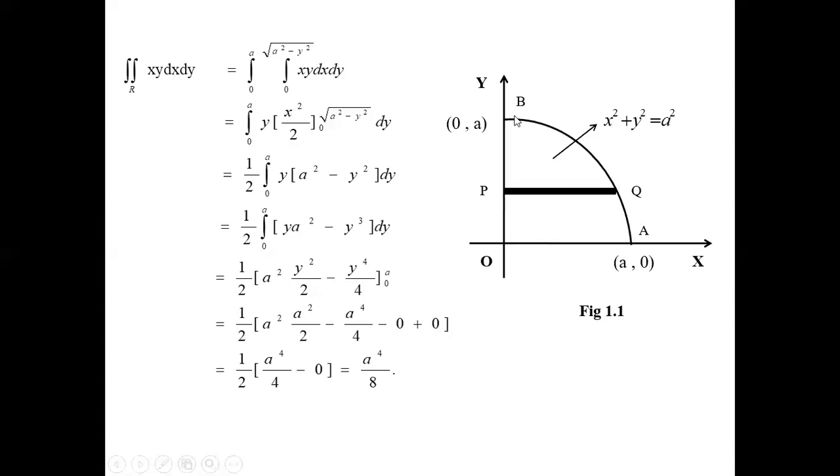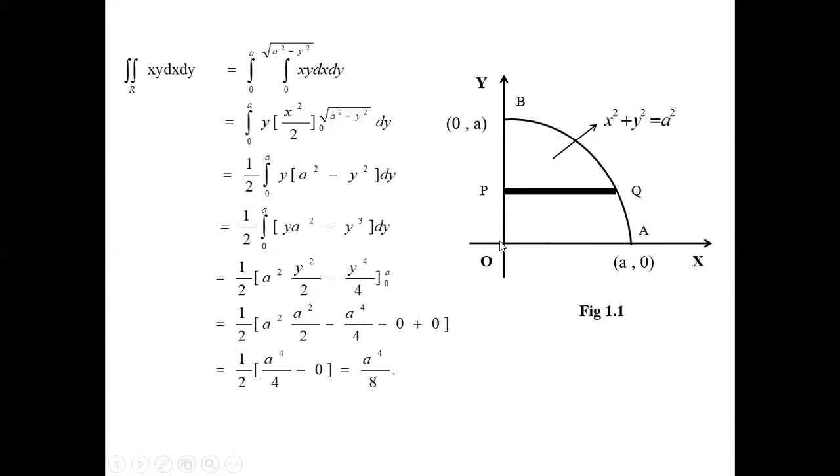Now to cover this entire region, take this PQ on the x-axis. At this point, y is equal to 0. Then roll this strip PQ parallel to itself from this point up to the point of intersection B. From OA, this strip PQ is rolled parallel to itself to cover this region.